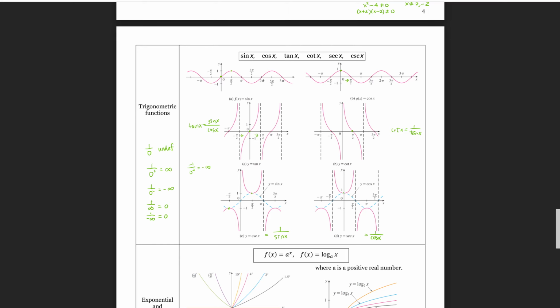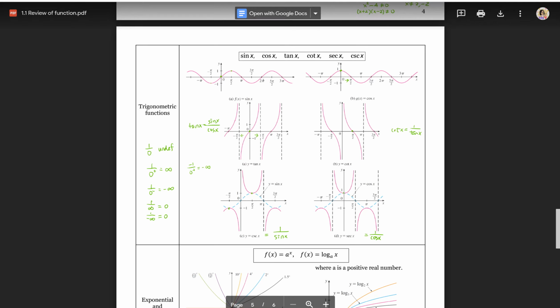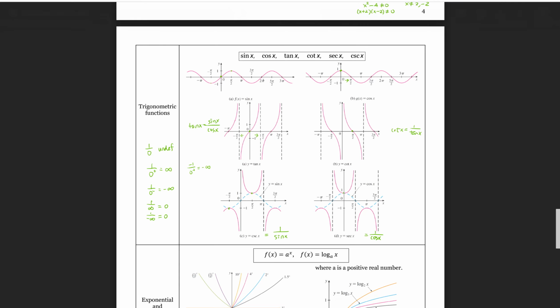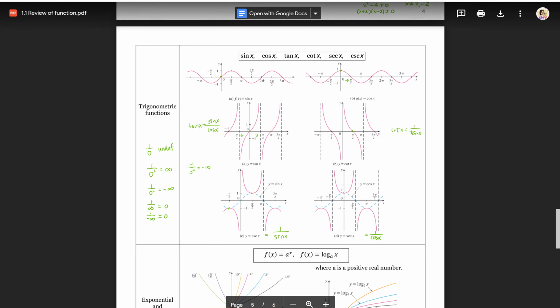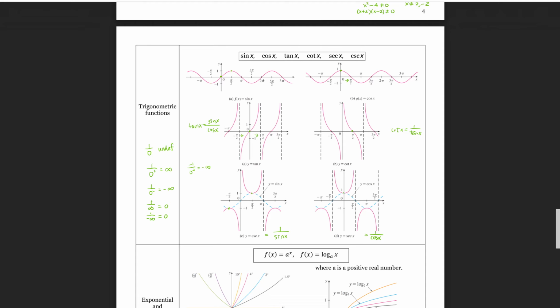Keep in mind that 1 over 0 is undefined, but you have a vertical asymptote there. 1 over 0 plus is infinity, 1 over 0 minus is minus infinity, 1 over infinity is 0, 1 over minus infinity is also 0. So keep those in mind. You can deduce the graphs of tangent, cotangent, secant, cosecant from the graphs of sine and cosine.